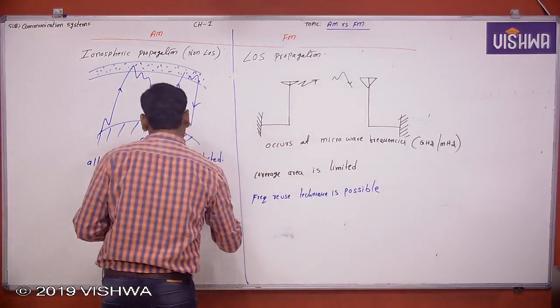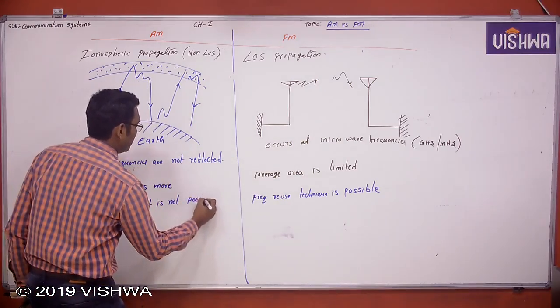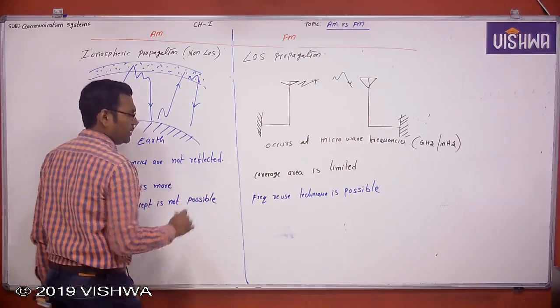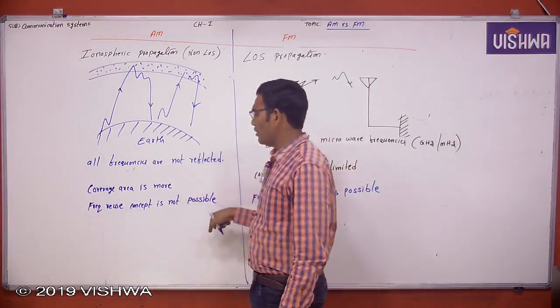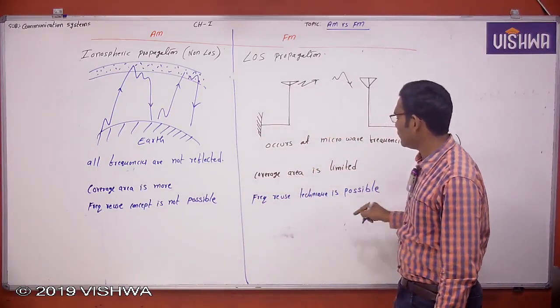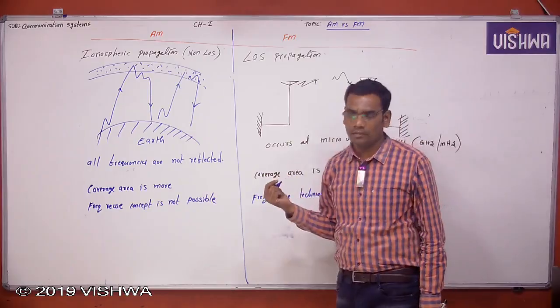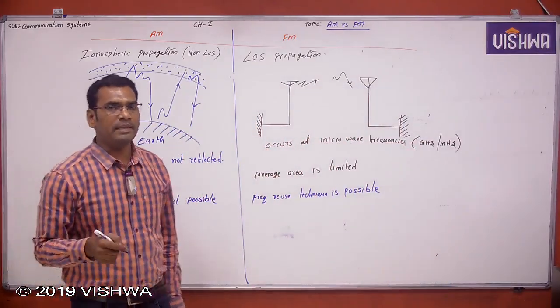Effectively, we can utilize the spectrum if the frequency reuse concept is possible. But here, frequency reuse is not possible. And here, frequency reuse is possible, because this frequency reuse concept is nothing but what is used in mobile communication.